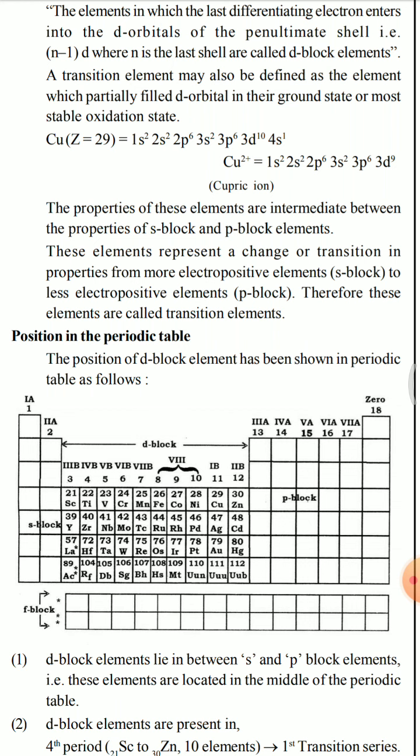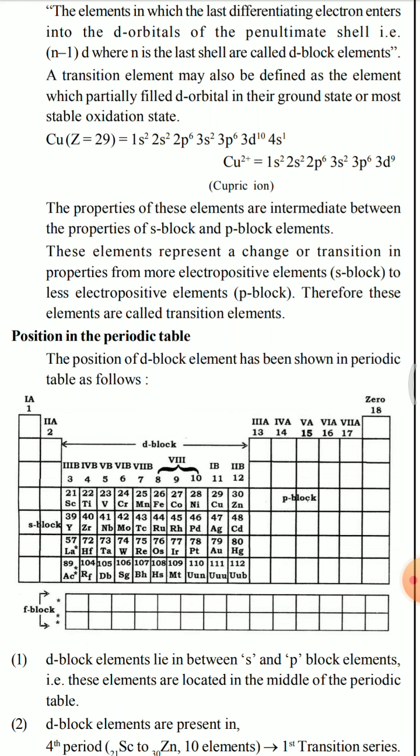And in P block elements, the last differentiating electron enters into P orbital of the valence shell. That is, the general electronic configuration of P block elements is ns2 np1 to 6.